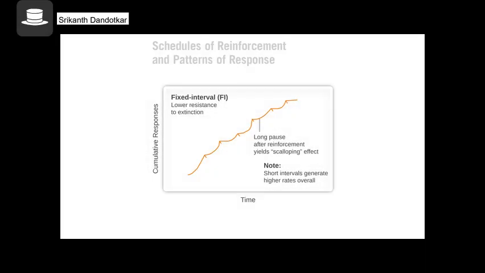Interval schedules require a time period to pass between the presentation of reinforcers, and a fixed interval schedule entails reinforcing the first response that occurs after a fixed time interval has elapsed.